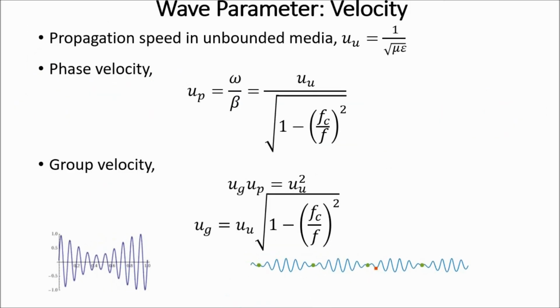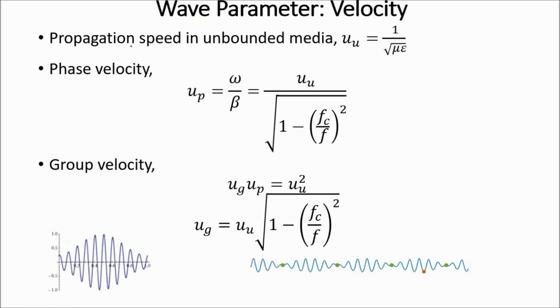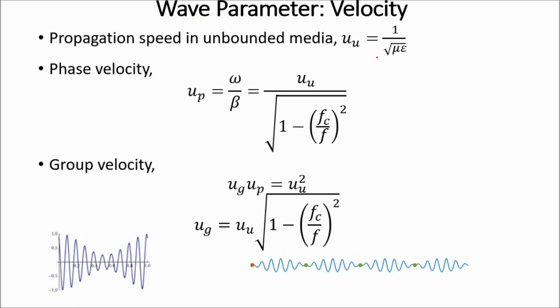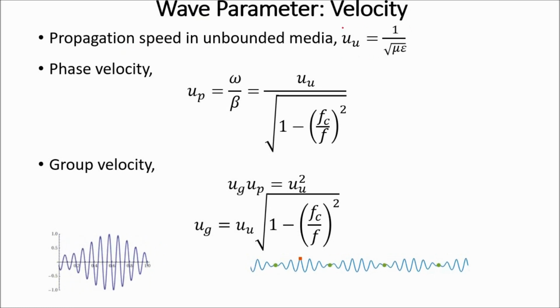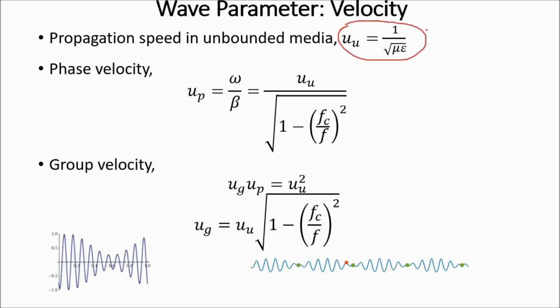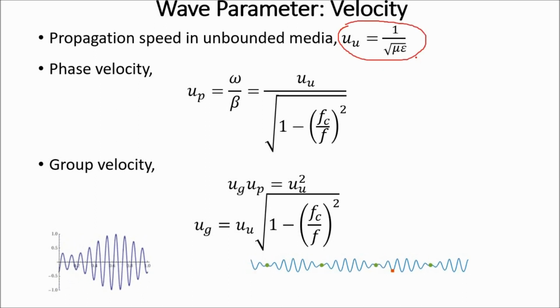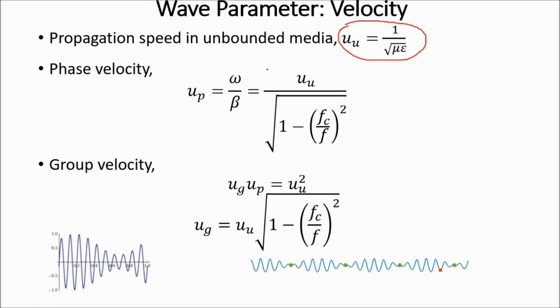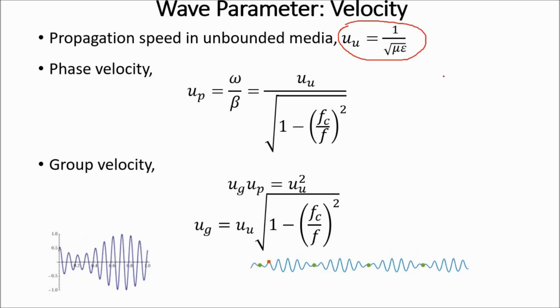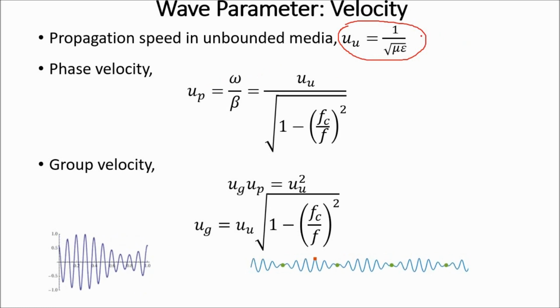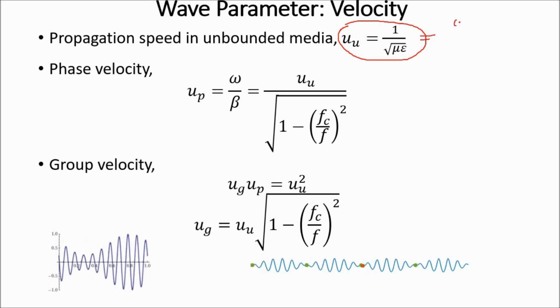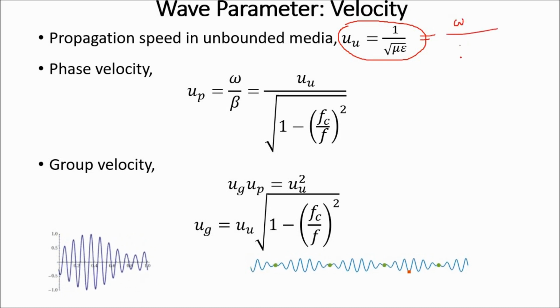The wave velocity, so we can find the wave velocity or propagation speed in unbounded medium as this expression. We already know this. This is for a perfect dielectric material. Now the formula for the unbounded case is omega over beta u.